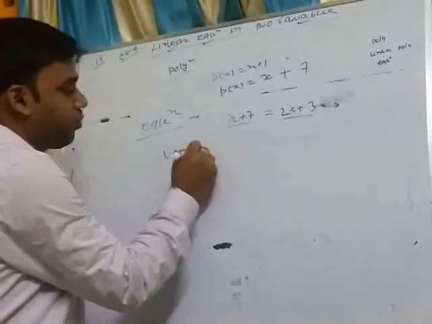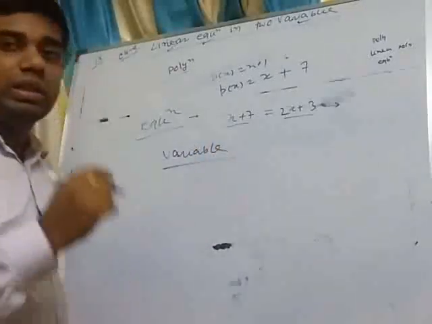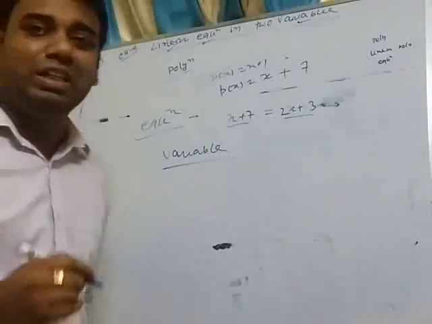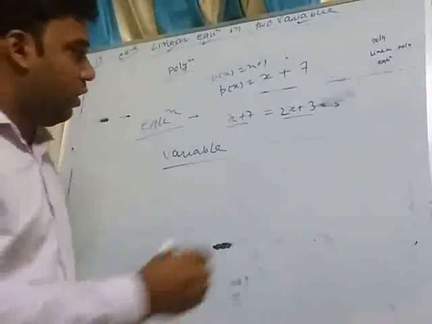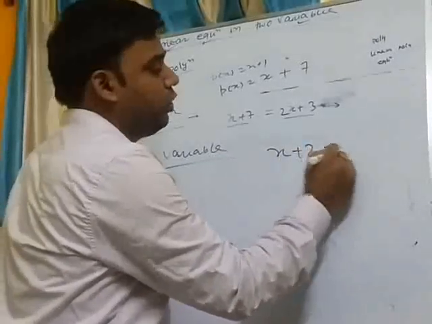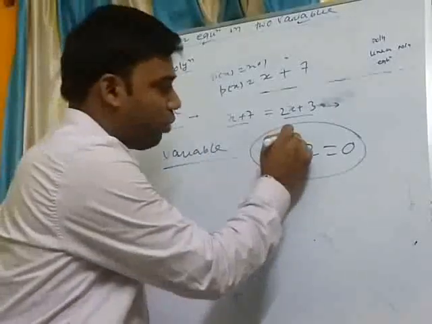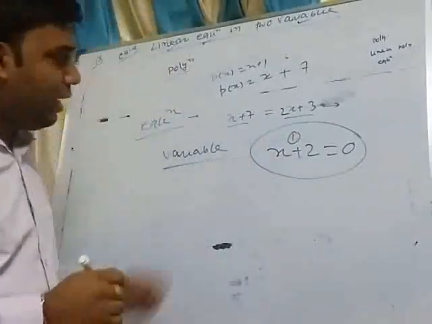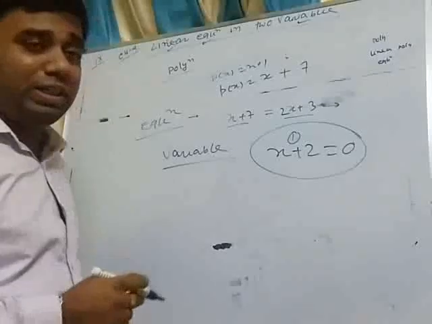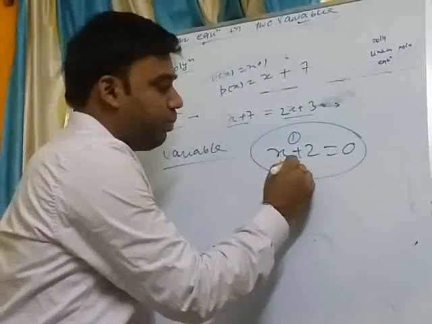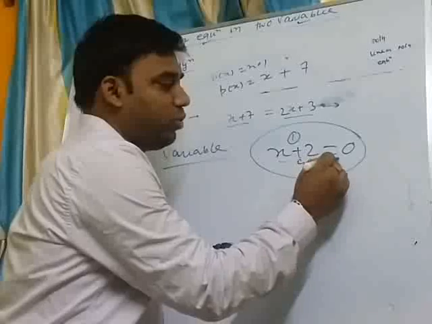Variable means the unknown quantities which are used in the equation. x plus 2 equal to 0 is a linear equation. Why is it a linear equation? The power of x is 1. Which is the unknown quantity here?